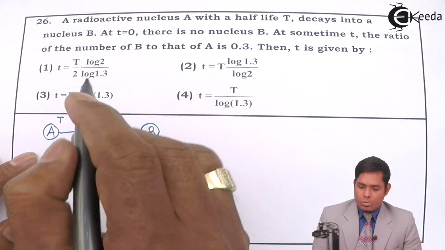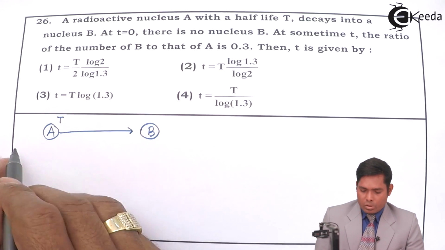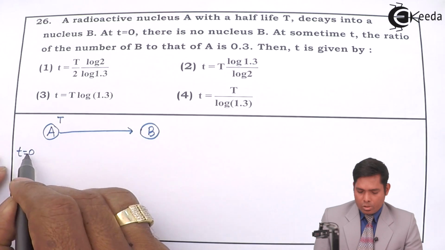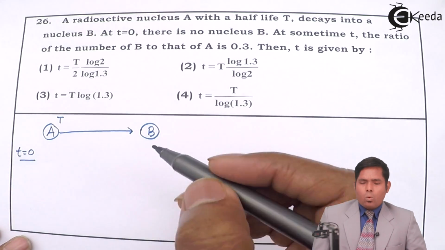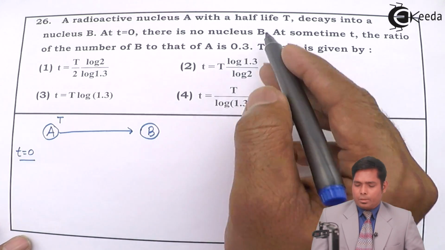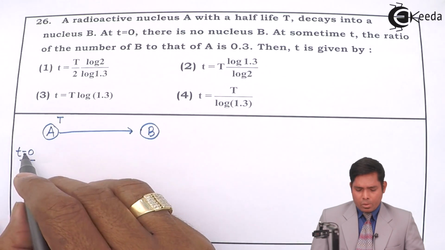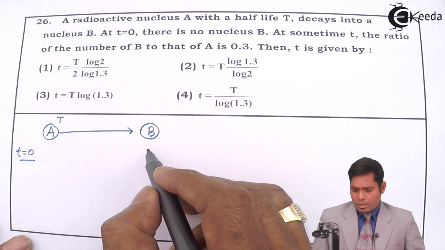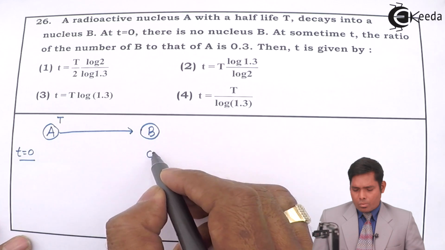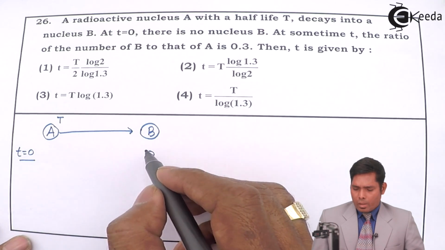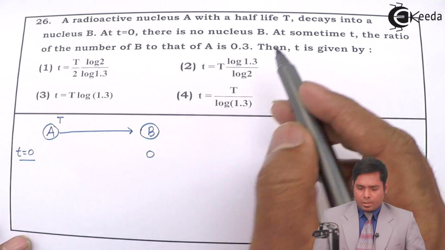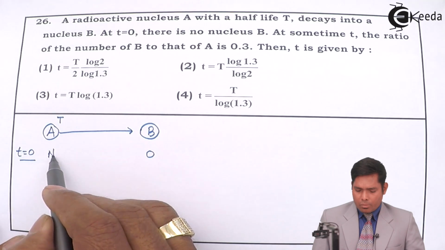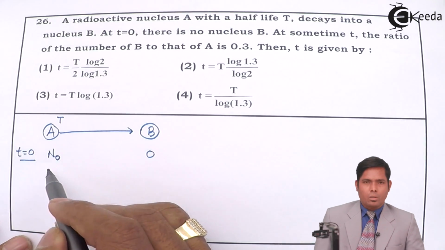At time t equals 0, there is no nucleus of B. That means at time t equals 0, the number of nuclei of B is 0, and suppose that initially the total number of nuclei is N naught.